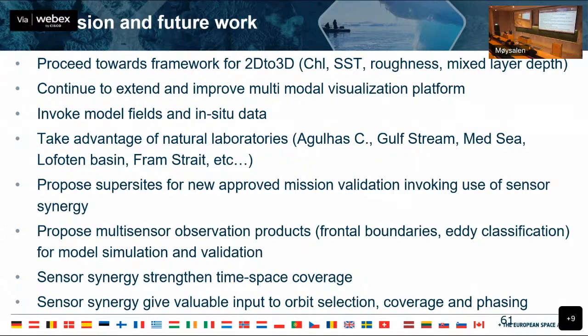Rather than starting this from scratch and saying, we choose that inclination and we go for that repeat cycle, we could have something to tell you quantitatively from such a sensor synergy tailored to super sites. So I guess that's what we have combined, 60 slides.